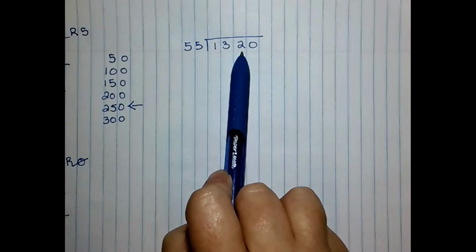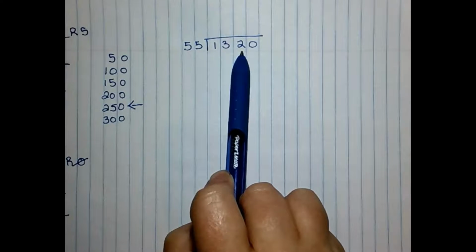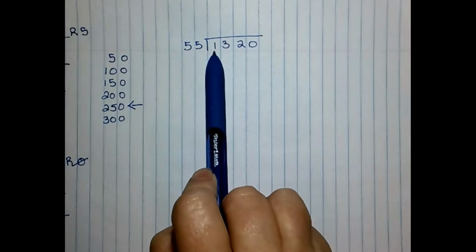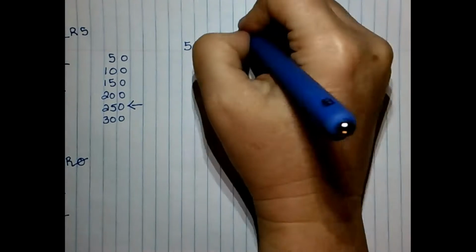If I round 55 to 60 and then skip count, I know that 60 and 60 is 120. And that's pretty close here. So I believe I can make two groups of 55 from 132. Multiply and subtract and come back when you are done.